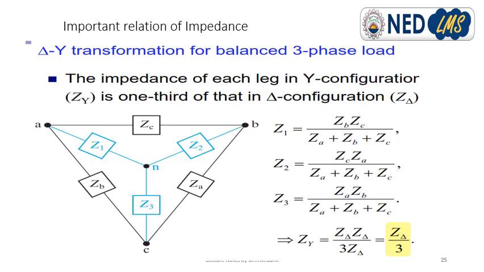The impedance of a Y connected system is equal to the delta connected impedance divided by 3. Means the delta impedance is 3 times the value of the Y connected impedance.